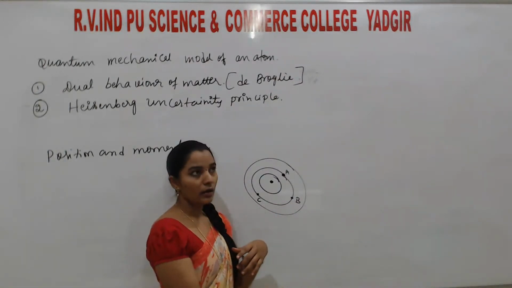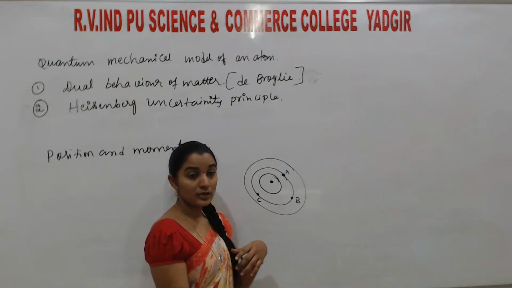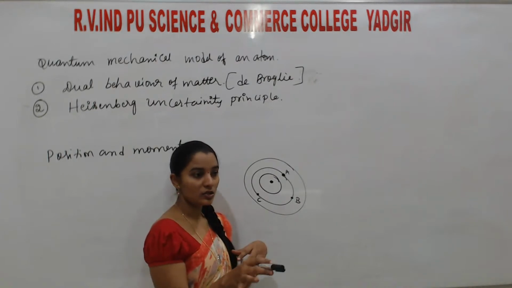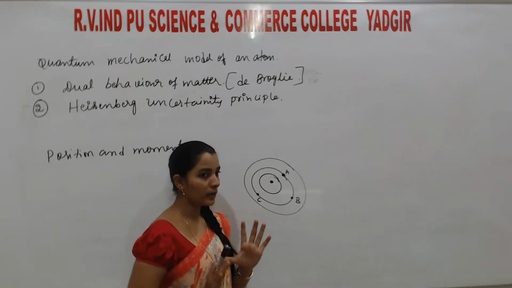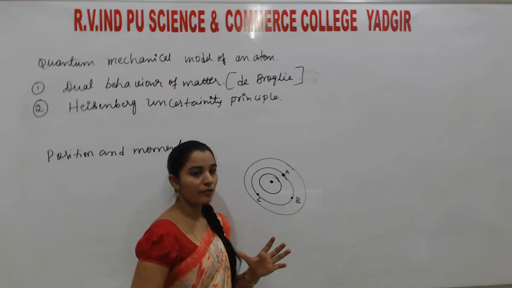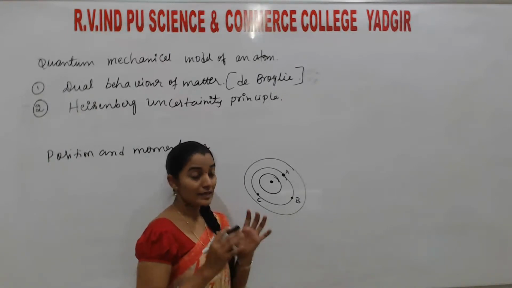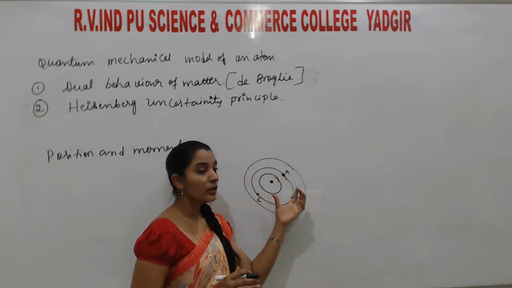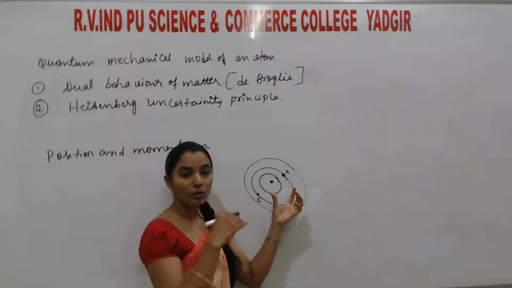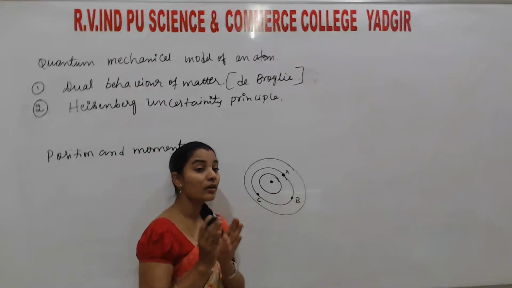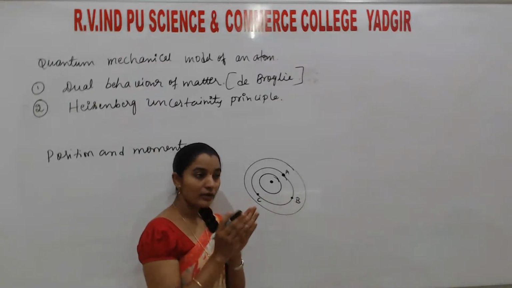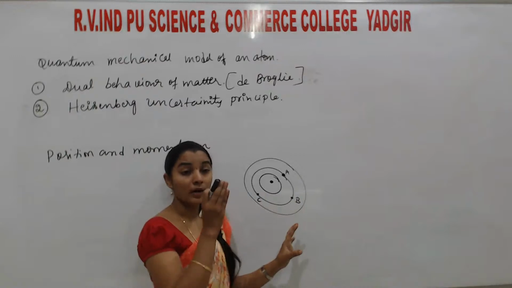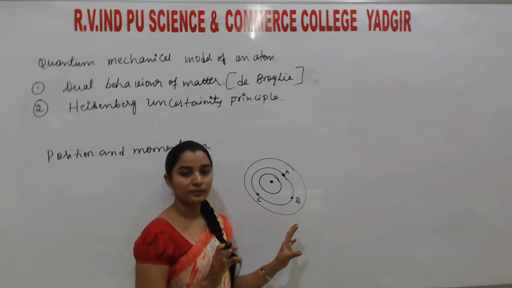If we walk on the sand at the seashore, our footprints will be there, and we can easily tell that a human walked here. In the same way, electrons also leave their footprint when revolving around the nucleus. That is called the electron cloud, where the electron is not there, but the path of the electron is there.